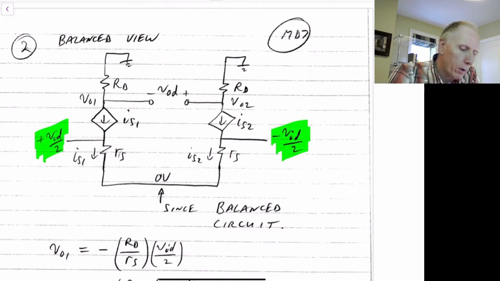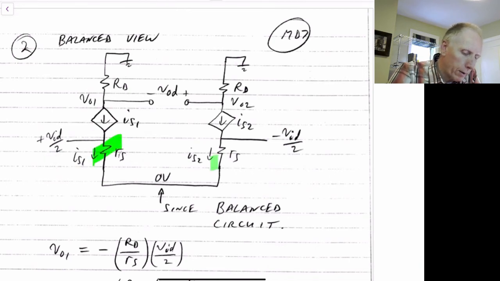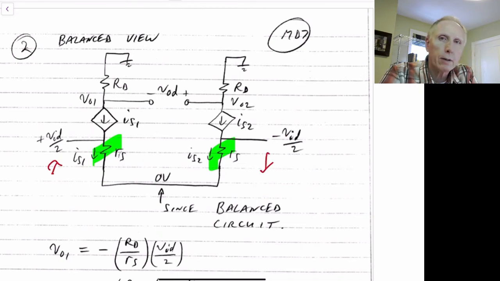So whenever this voltage goes up, this voltage goes down by an equal amount. Now, because they're both being applied across these resistors here, whenever this goes up and this goes down, this voltage remains unchanging. So it remains at 0 volts.